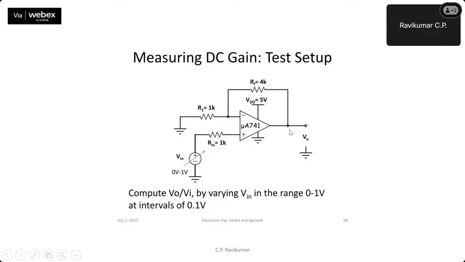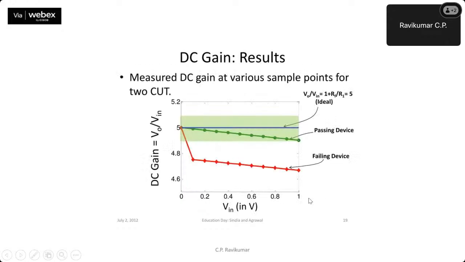See, if it is a good op amp, then the output will go from 0 to 5 volts. Okay, the gain is 5, right? So that is what we expect. So a good circuit should produce 5 volts steadily. But maybe because of some op amp issues, assume that these resistors are perfect.